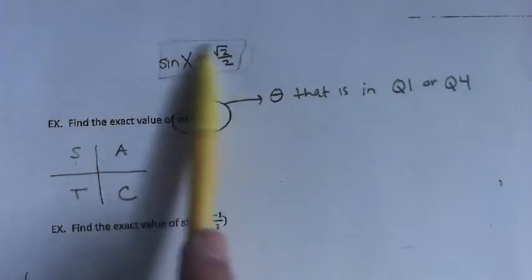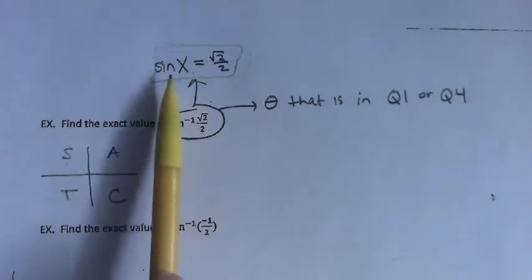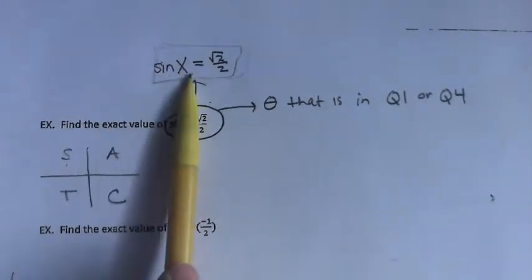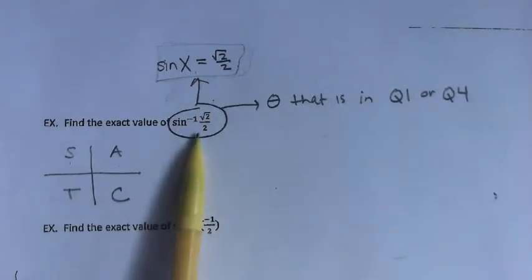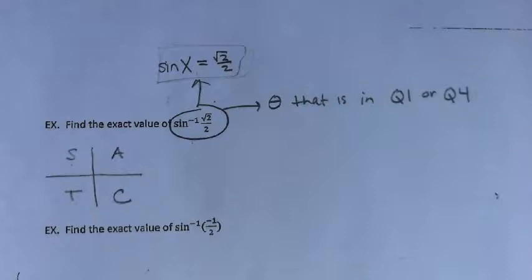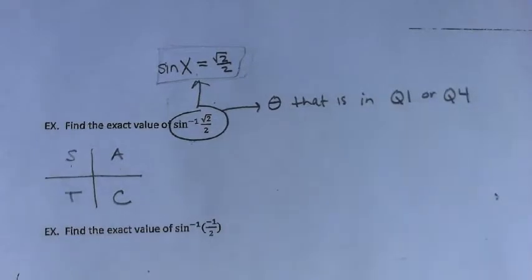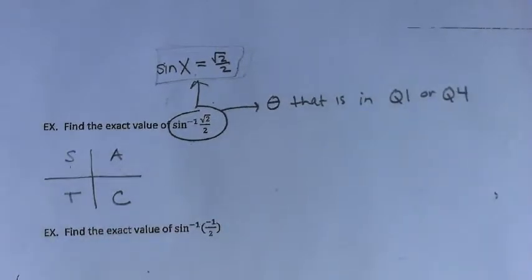So when the question is presented in this fashion, we do have an infinite number of answers. But when it's presented in this fashion and you're just asked what is the inverse sine of root 2 over 2, you have to give the angle in either quadrant 1 or quadrant 4. So which quadrant is it?